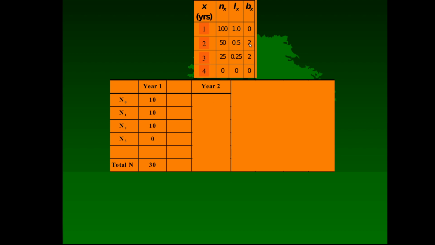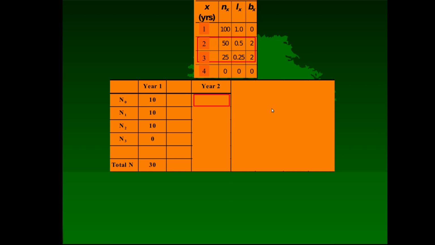These females are the only ones that produce offspring. Those offspring will end up in the first age group. So these 10 produce 2 and these 10 produce 2, giving 20 plus 20 equals 40 newborns in year 2.